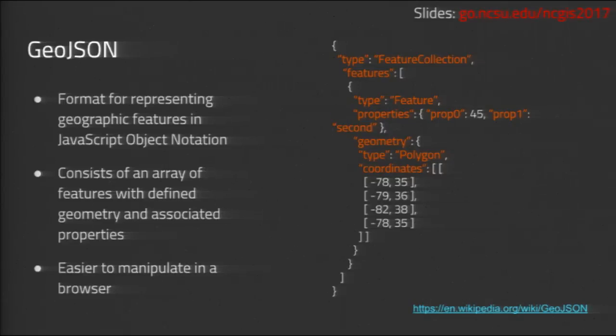So we have a feature collection, and each feature is represented by properties and a geometry. So the geometry tells us how to map it, and those properties are any type of non-spatial data that we can associate with each of those features. And like I said, this format is a lot easier to manipulate in a browser than, say, a shapefile. And I don't know, someone can probably prove me wrong about that, but I don't mess around with shapefiles that often.